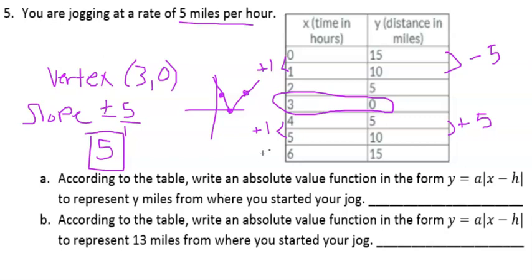So this is our a equals 5. Our h is 3 and our k is 0. So we'll plug that into our formula. We have y equals 5 times the absolute value of x minus our h value, which is, no, not 5, 3.